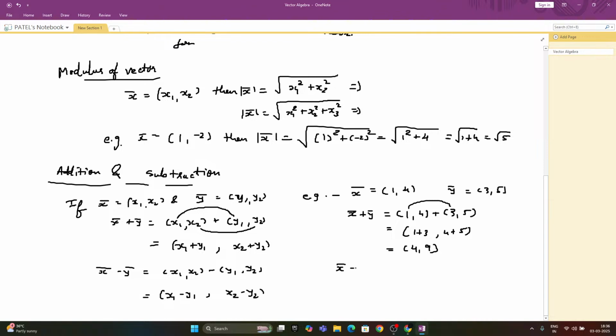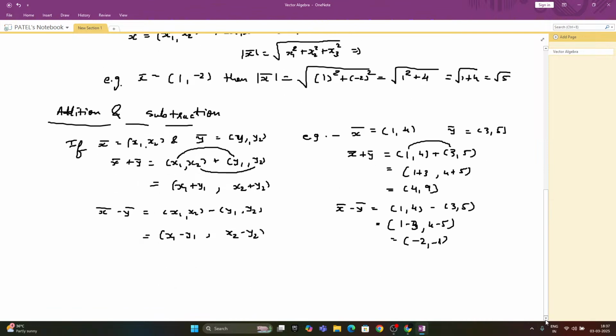Taking the same example for subtraction: 1 minus 3, 4 minus 5, so it is minus 2, minus 1. This is your solution. This is vector addition and subtraction.